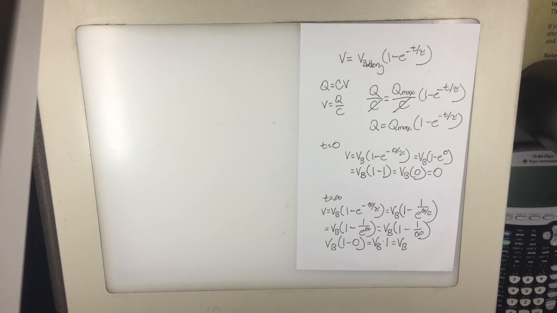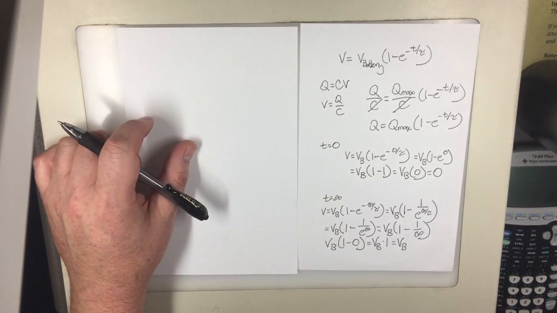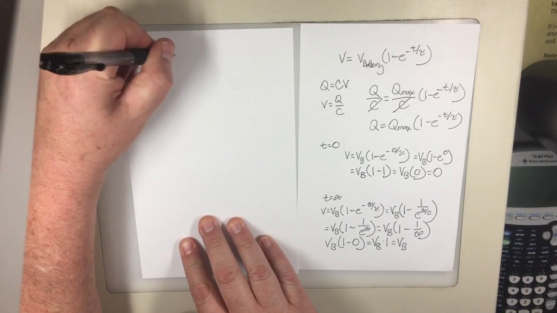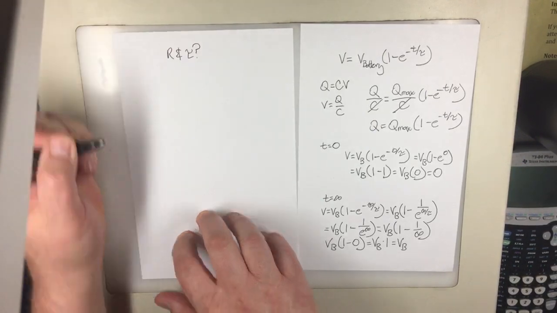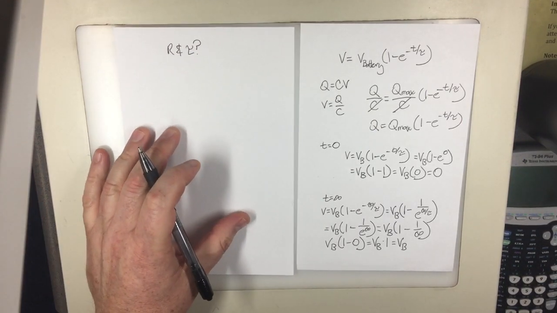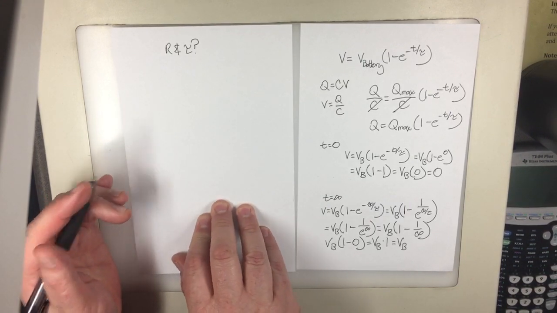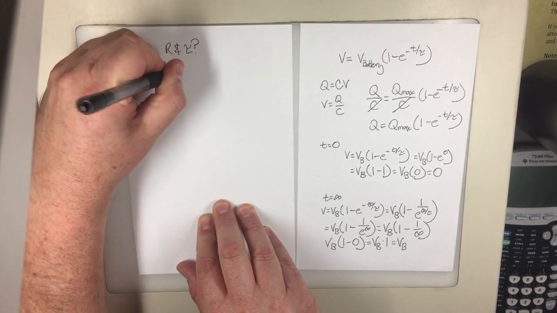Now we have a charging capacitor, so I'm looking for R and tau, the resistance and the time constant. I'm looking for the battery, which in this case I used V naught.